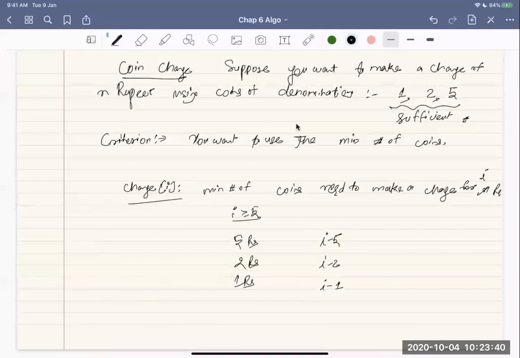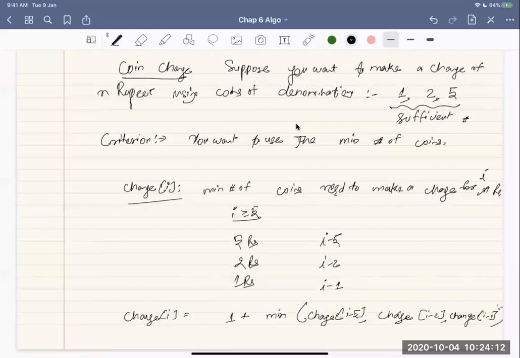Fine. So what will be the connection? What will be the equation? How do you connect this problem to subproblems? You will say change(i) is nothing but 1 coin plus whatever is the minimum among change(i minus 5), change(i minus 2), change(i minus 1).